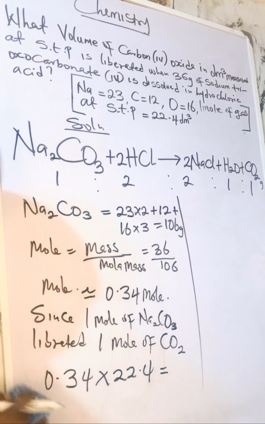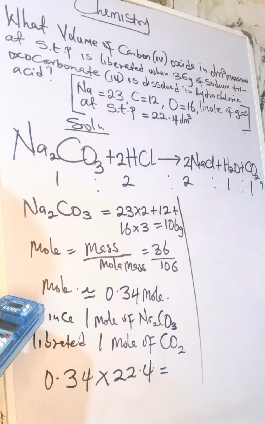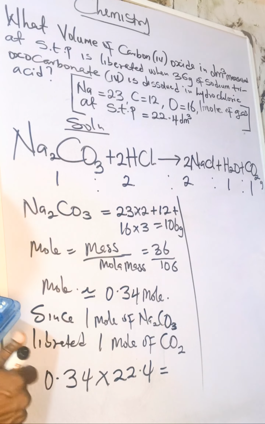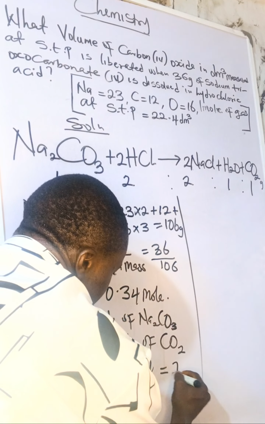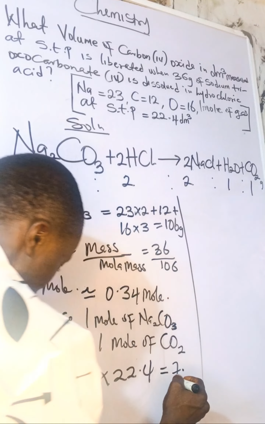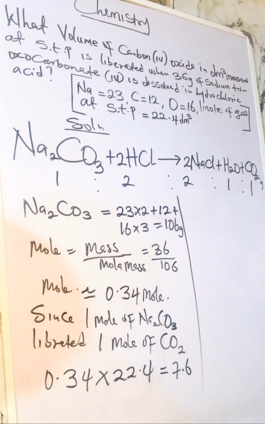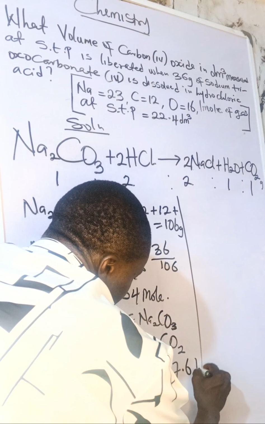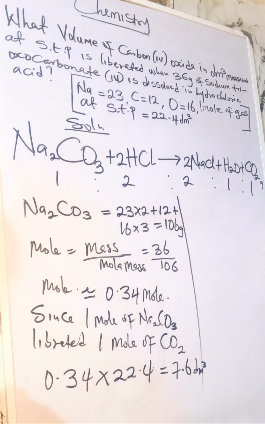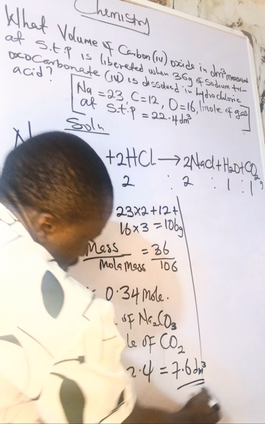Let's multiply 0.34 multiplied by 22.4. Everything gave us 7.6 dm cube, because they said in dm cube. I think this is the answer to the question.